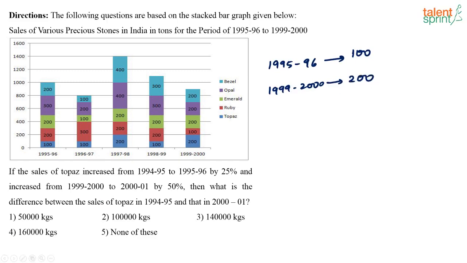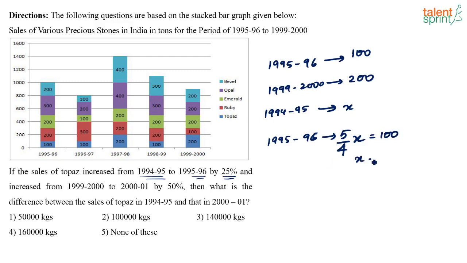So what is happening to sales of topaz? See, if sales of topaz increased from 1994-95 to 95-96 by 25%. So if I say in 1994-95 the sales of topaz was X tons, now how much has the sales become? It has become 125 divided by 100 times of X. Or I can say in 95-96, the sales of topaz is nothing but 5 by 4 of X, that is 25% more than X, that is the sales in 94-95, and you know this is equal to 100.